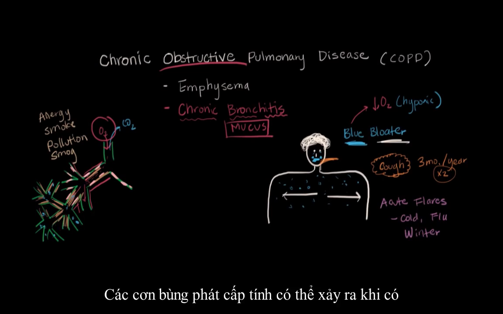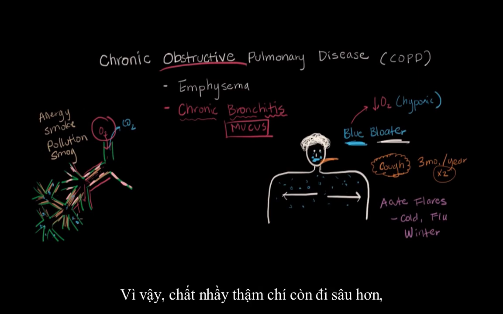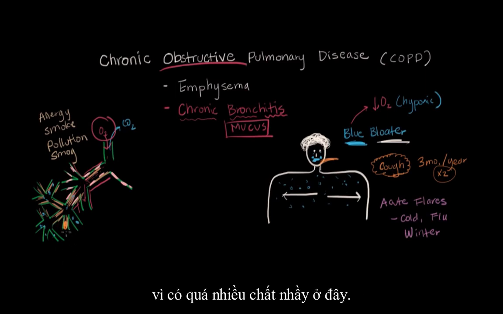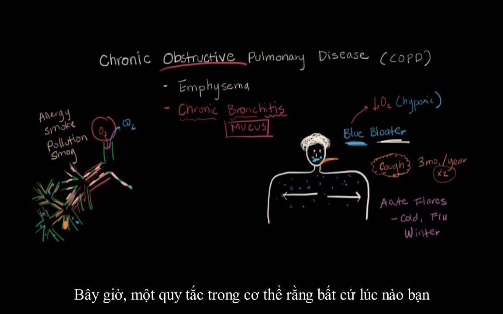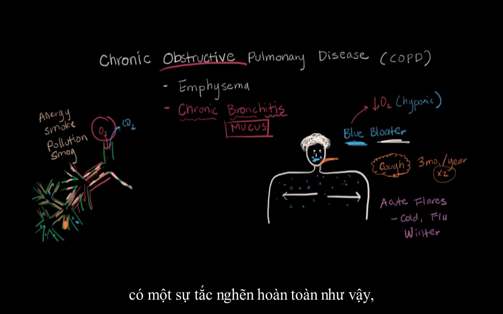The acute flares can happen when there's a double whammy to the irritation of the lungs. So the mucus goes even more overboard, and sometimes one section of the lung can be just clogged off, one little branch, because there's so much mucus here. Now, it's a rule in the body that anytime you have complete obstruction like that, the bacteria will build up behind it. Anytime you have bacteria build up, you can have infection. In the lungs, we call this pneumonia.